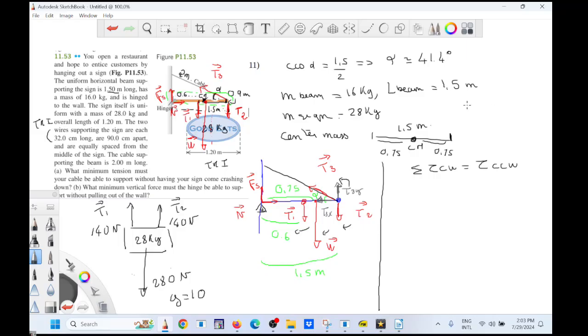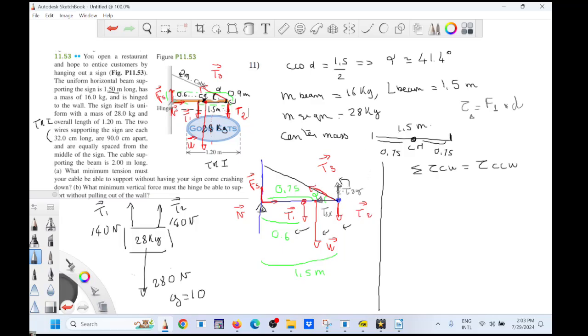Okay, because remember, the torque about the fulcrum is the perpendicular component, perpendicular to the lever here, times the distance in magnitude.